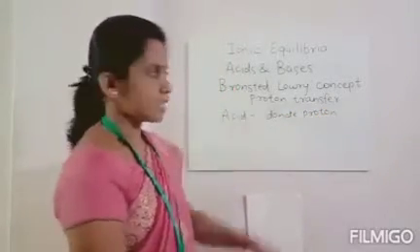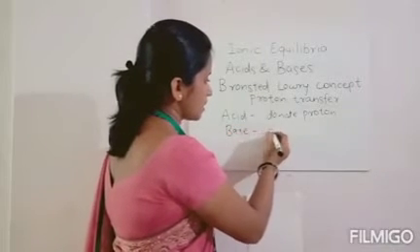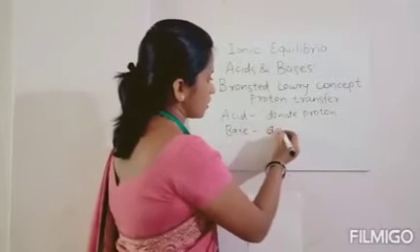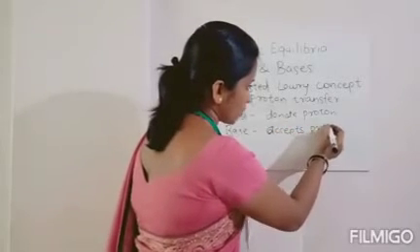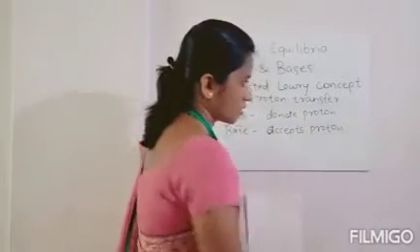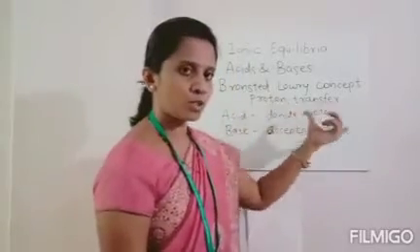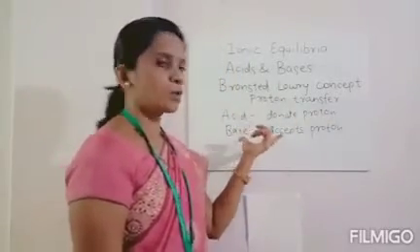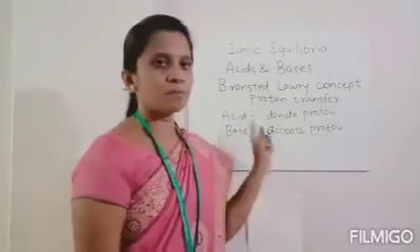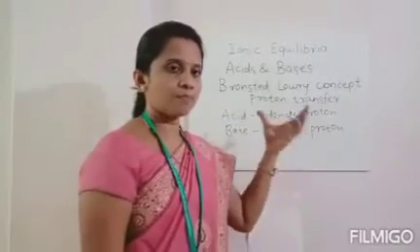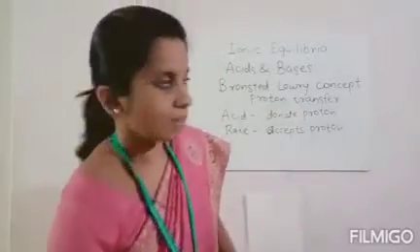And according to this theory, base is a substance which accepts proton. Understood the difference? Acid is proton donor and base is what? Proton acceptor. On this proton donor and proton acceptance capacity, there is a conjugate acid base pair.